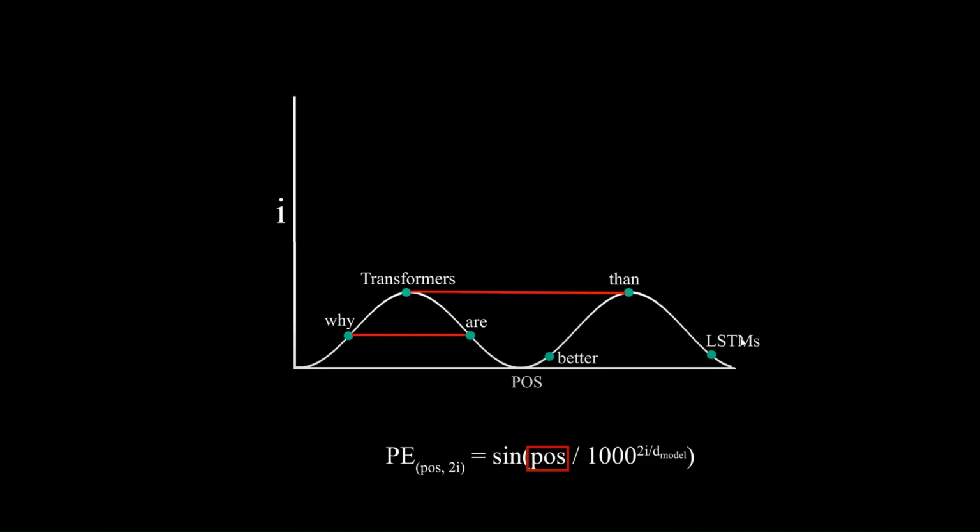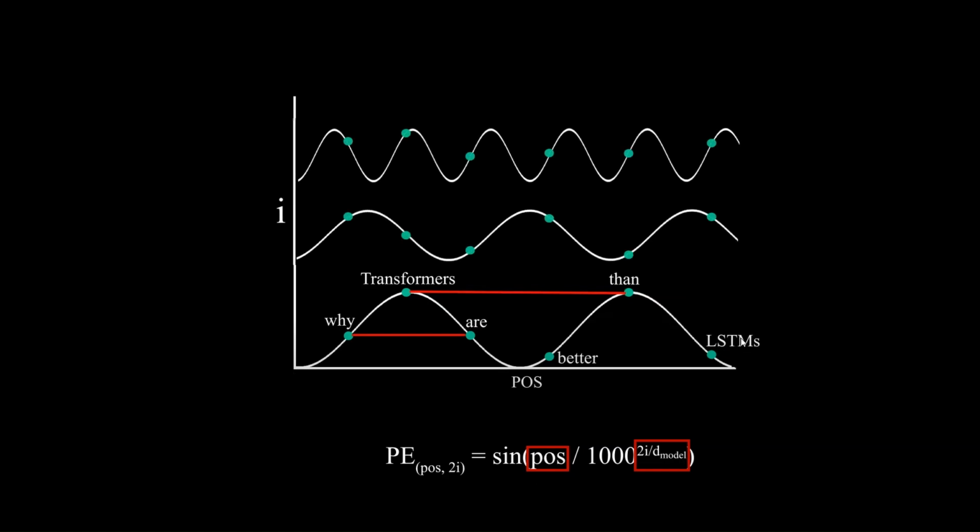Here comes this part of the equation, where it plots a sine wave for each dimension, which is i in the equation. So each dimension will generate a different sine wave, and that's how this problem is resolved.